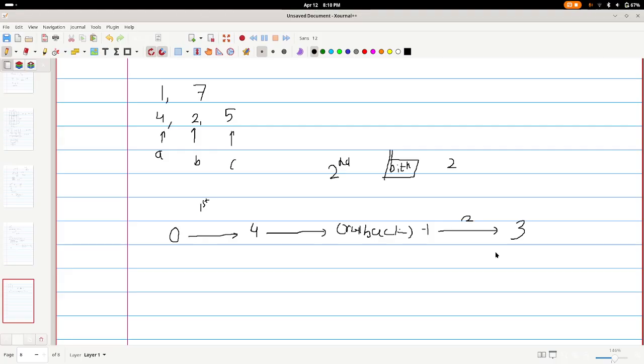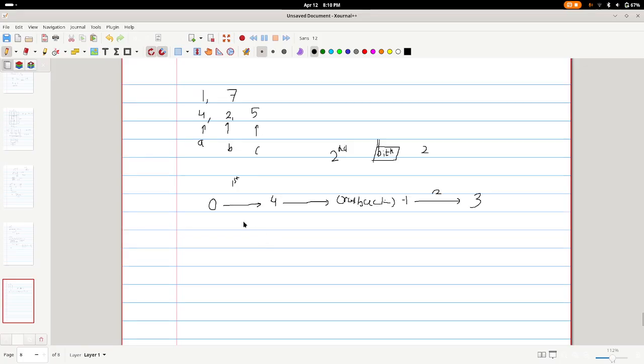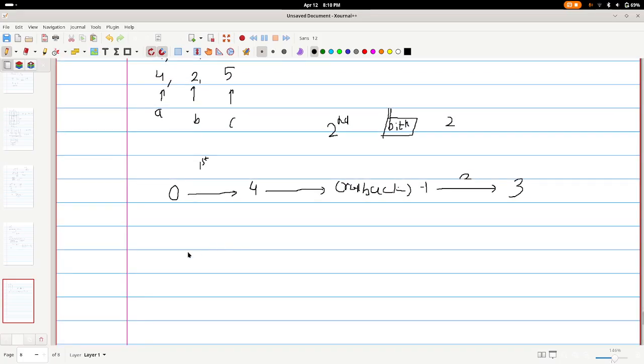I hope you understand what I mean by cycle. Now I can jump one more time, from 3, 3 plus 4, that is 7. This is my third jump.